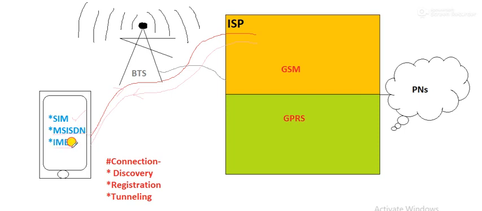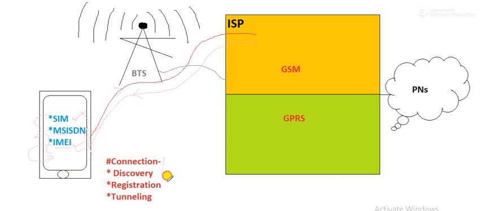Then IMEI is the hardware component detail, that is the unique ID given to this mobile device. I am not going to repeat what MSISDN and IMEI are; we already saw how those parameters are used.